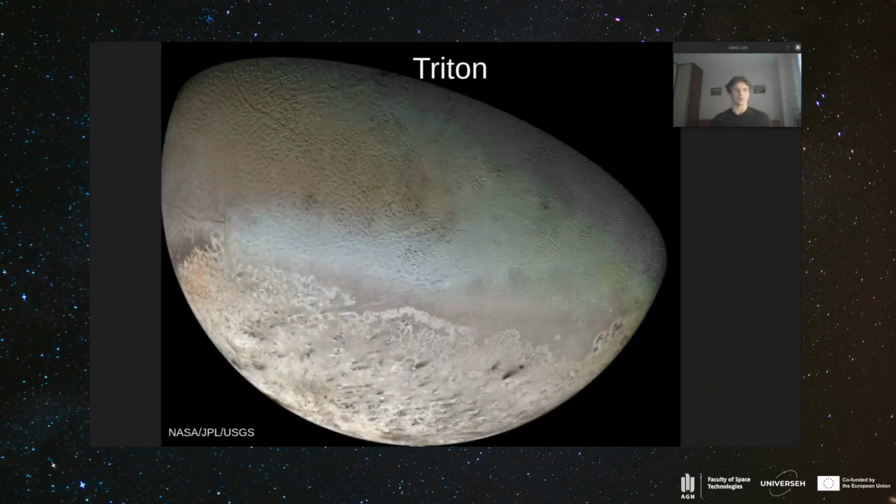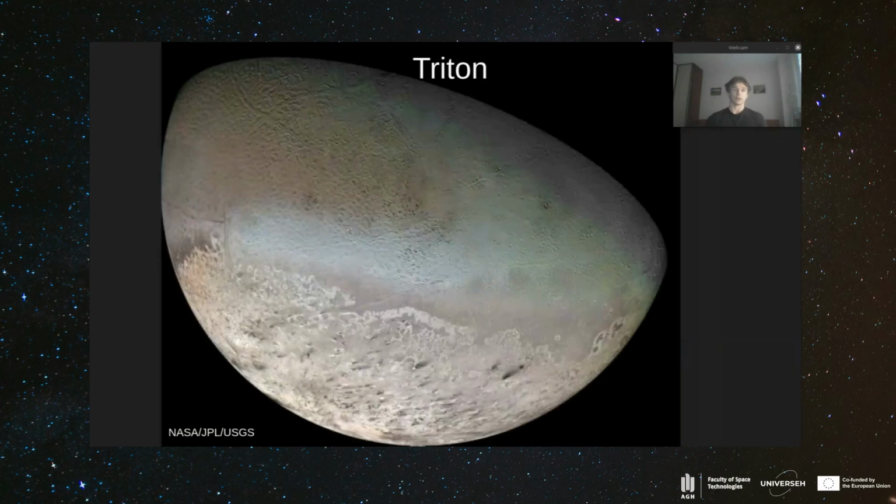However, we think that they are not caused by an ocean, but rather by the solid state greenhouse effect, because the icy crust of Triton is made out of nitrogen ice, and the solid state greenhouse effect is an event in which the subsurface is heated up by the sun's rays, the ice is melted and there's a buildup of this fluid, and because of the high pressures, there's a crack in the structure of the crust of Triton, and nitrogen is ejected onto the surface and atmosphere of Triton.